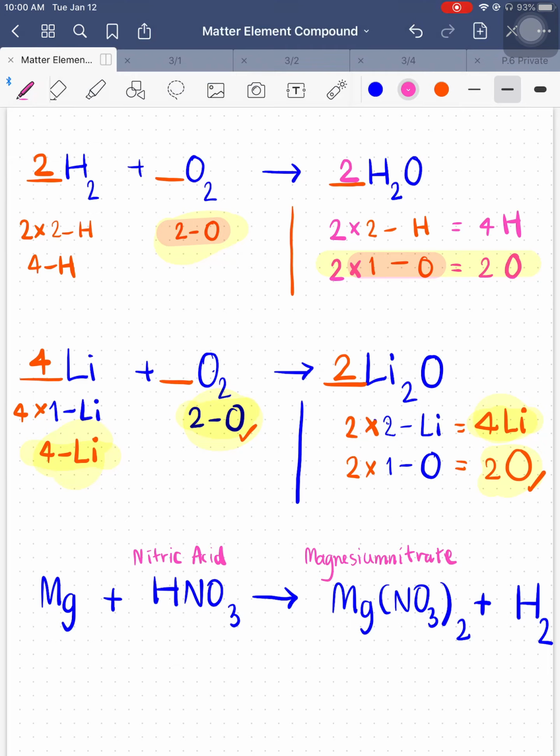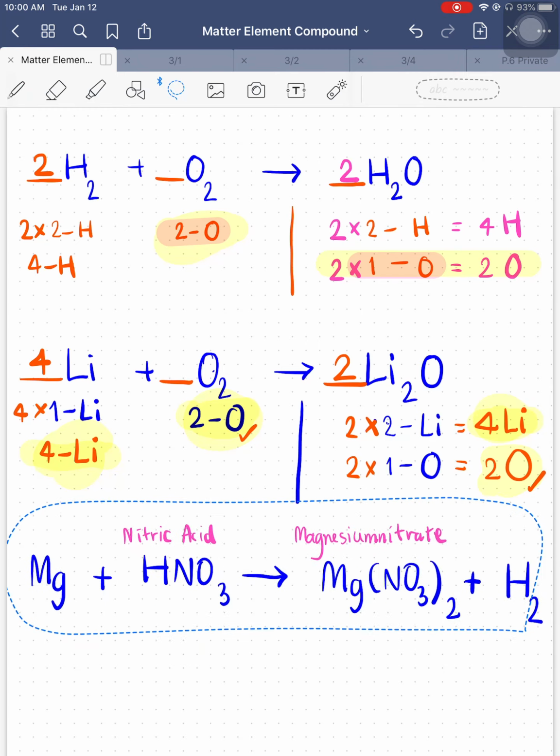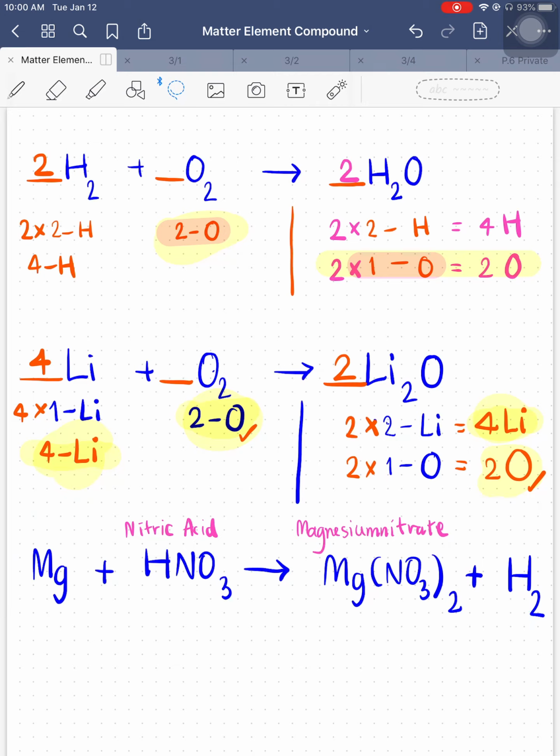So you have to clarify how many of each. How about magnesium? Magnesium is just one, right? One magnesium. And how about nitric acid? Nitric acid is a compound with one hydrogen, one nitrogen, and 3 oxygen, right? Magnesium nitrate, how many of each?